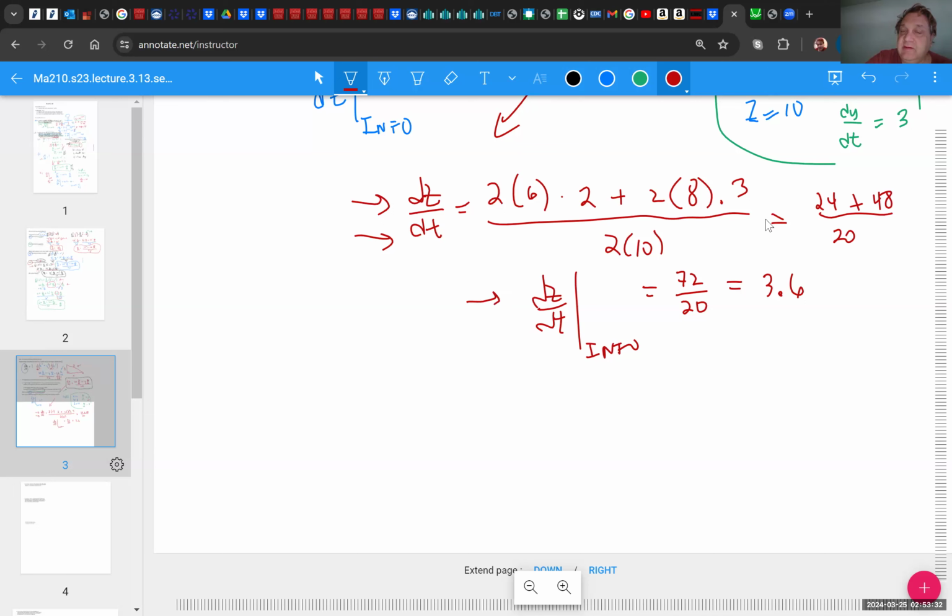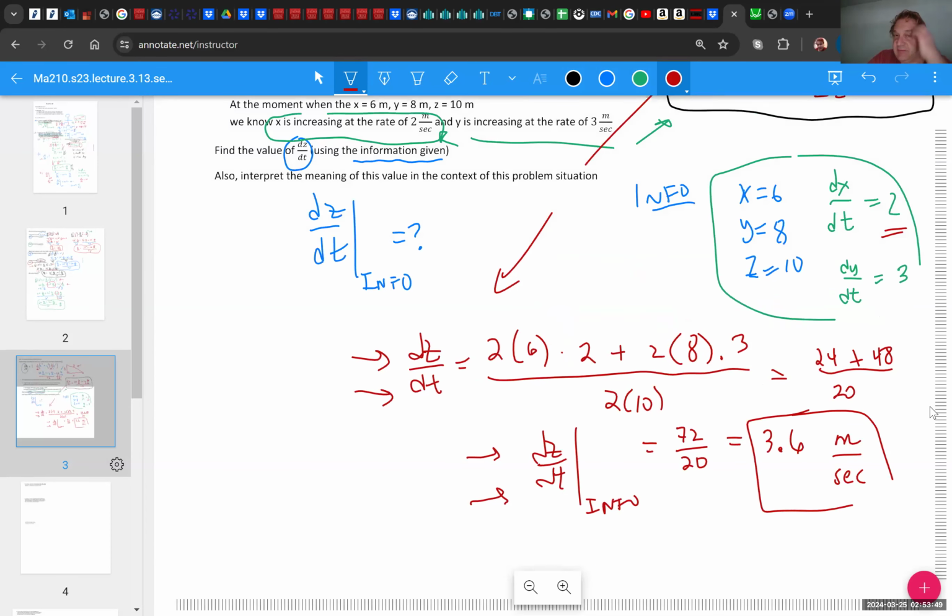The top thing, dz, is going to be in meters. And the bottom thing, t, that's for time. Time is measured in seconds. So this is 3.6 meters per second. So it's important to know what these things mean, especially if we're asked another question, like we are in this problem. Interpret the meaning of the value dz dt in the context of this problem situation.